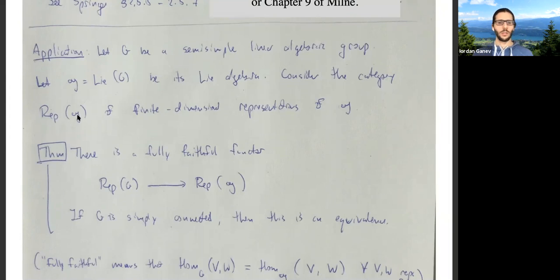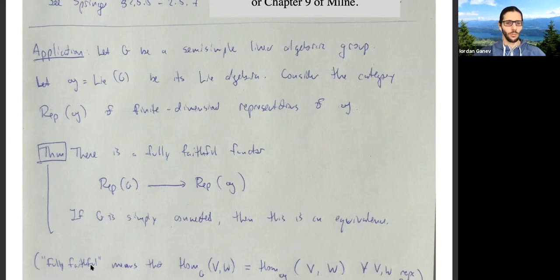I mentioned this result before, that there's a relationship between the category of finite dimensional representations of the group and finite dimensional representations of the Lie algebra. Let me state it again. There's a fully faithful functor from Rep G to Rep frak g, and if G is simply connected, then this functor is an equivalence of categories.